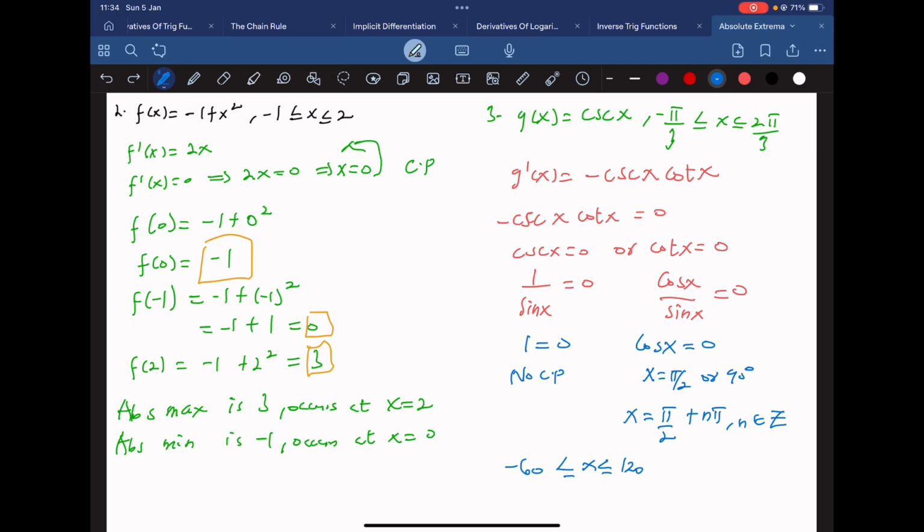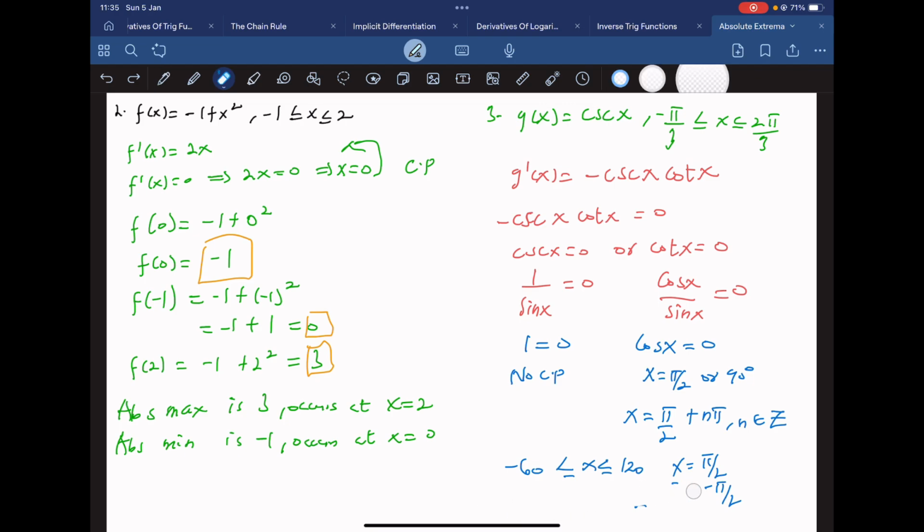When n is 0, we just have pi over 2. Pi over 2 is 90 degrees, which is between this. So we can say x is pi over 2 is accepted. When n is equal to negative 1, we get pi over 2 minus pi, which is minus pi over 2. And minus pi over 2 is minus 90 degrees, which is not in this domain. So we can't have that one as well.